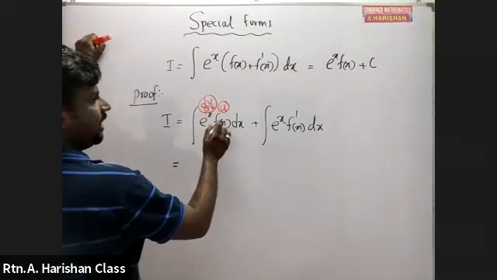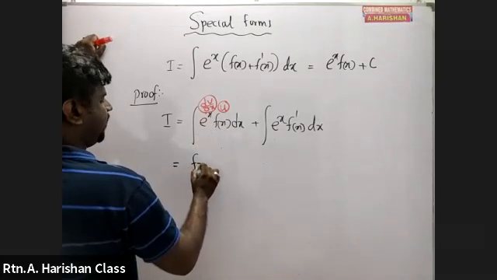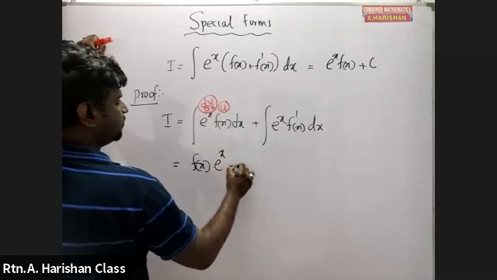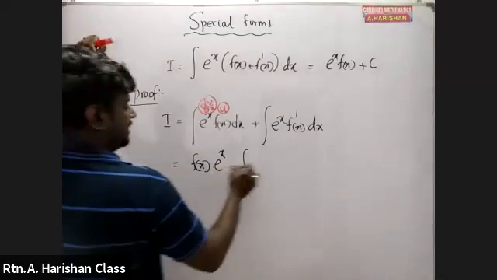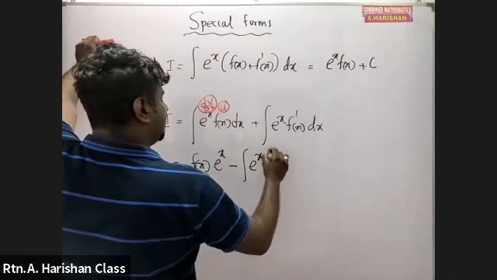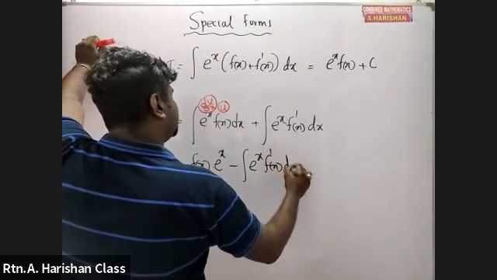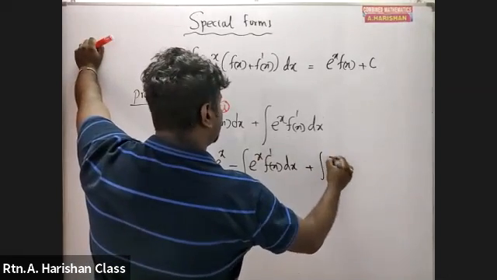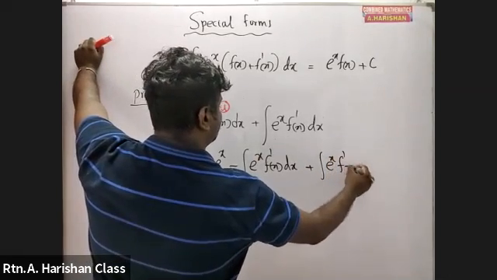Okay, so then what you can do, you keep the f of x and integrate the e to the power x, that is e to the power x, minus the integrated thing into e to the power x and the differentiation of the other, f prime x dx. Here you have the same e to the power x f prime x dx.